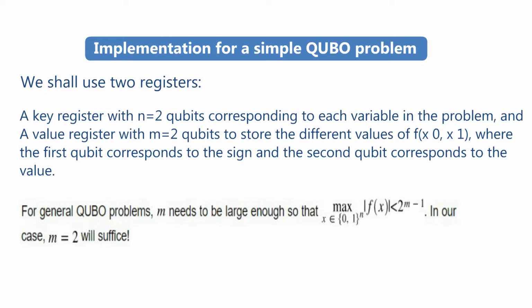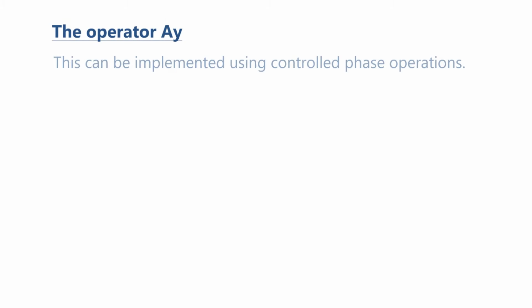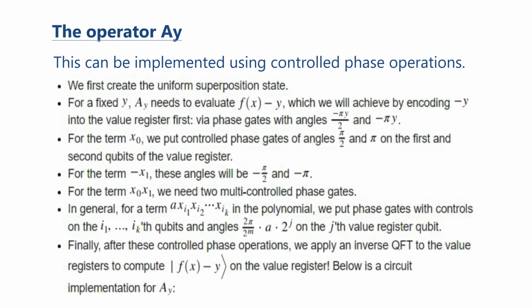For general QUBO problems, m needs to be large enough so that the maximum of f(x) over x in {0,1}^n is less than 2^(m−1). In our case, m equals 2 will suffice. This can be implemented using controlled phase operations. We first create the uniform superposition state.